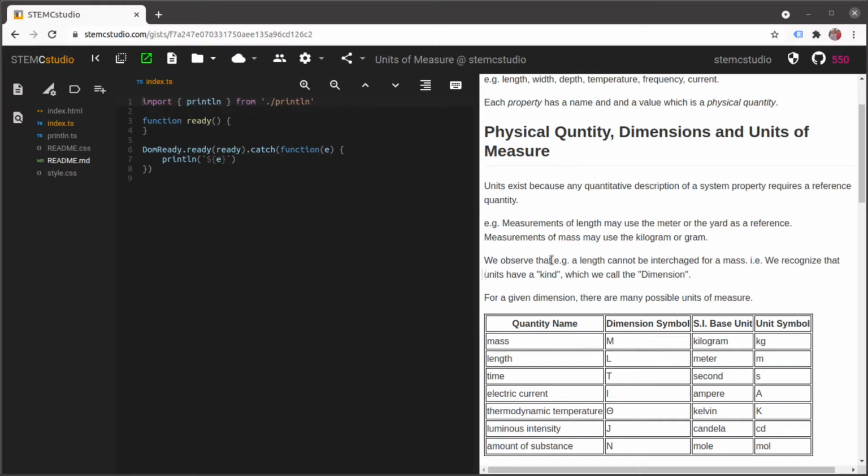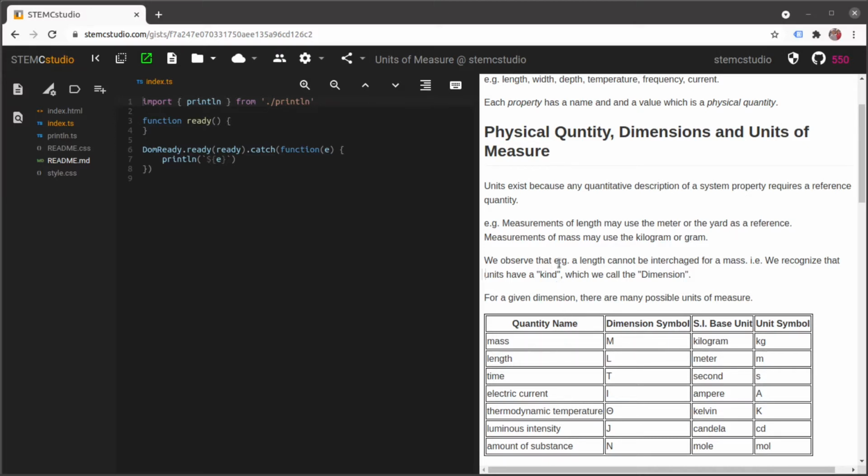What really matters is the dimension of that unit, and the dimension is a kind of type of that unit. So for example, something like a mile or a meter or a yard or an inch has a dimension that we call length, and you can't mix a length dimension with, for example, a time dimension.